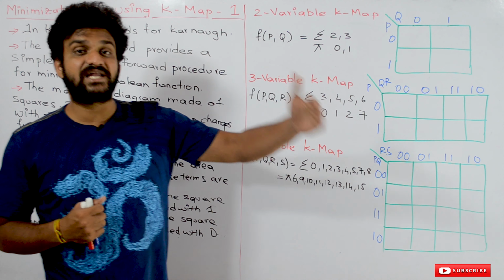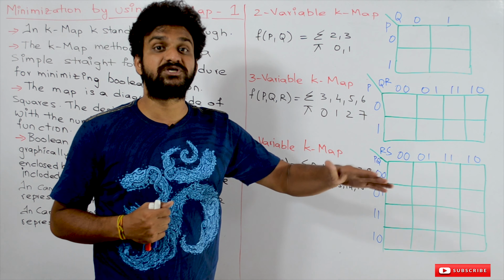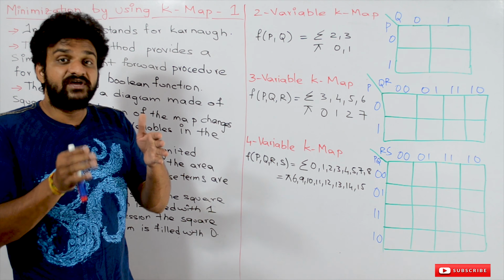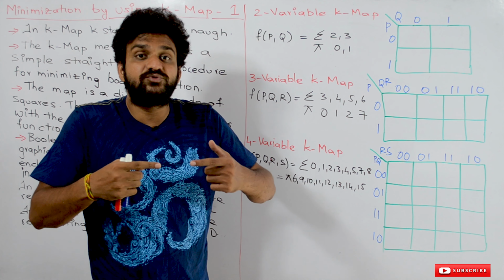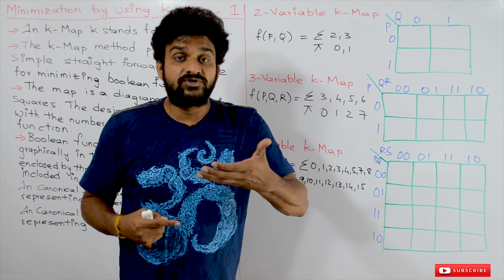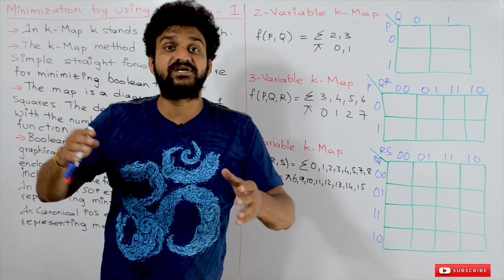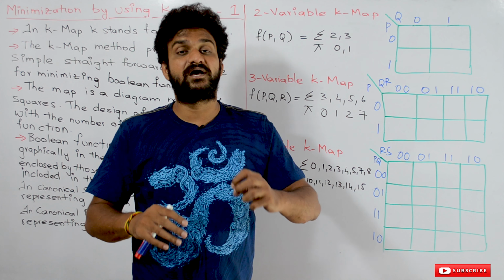In our previous class, we covered minimization of the Boolean expression by using Boolean laws and rules. There we discussed that given any Boolean function, if you try to minimize it by using Boolean laws and rules, there is a possibility that different minimized solutions can be obtained.